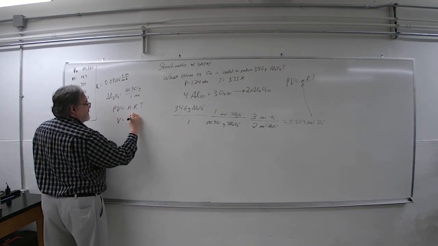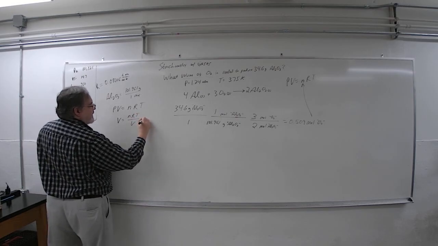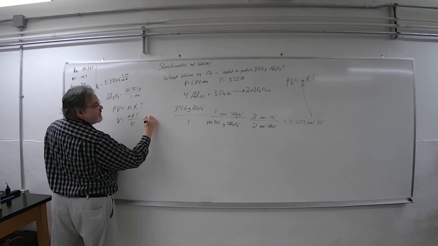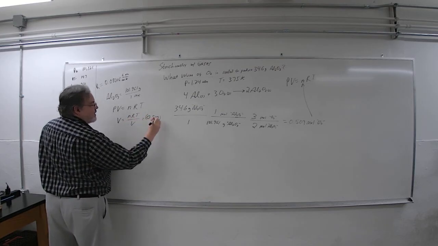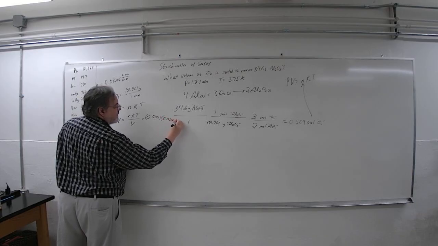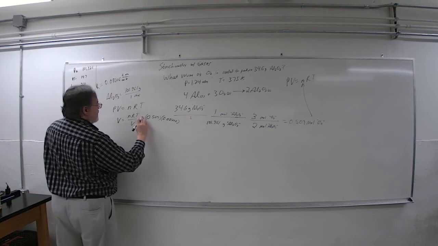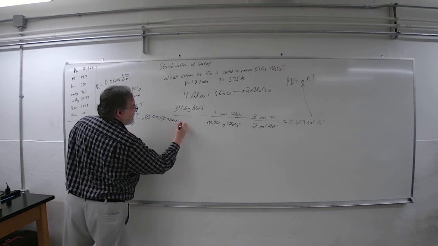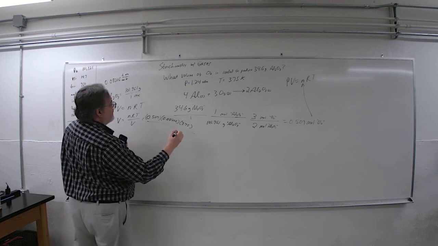Volume equals nRT over P. And we've got for moles 0.509, R 0.08206, temperature 375, over pressure.